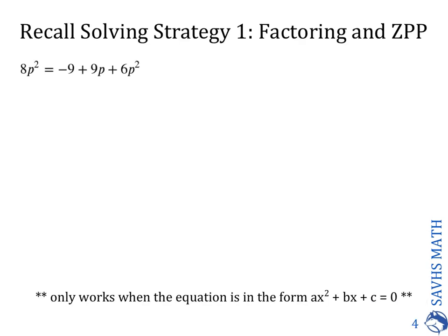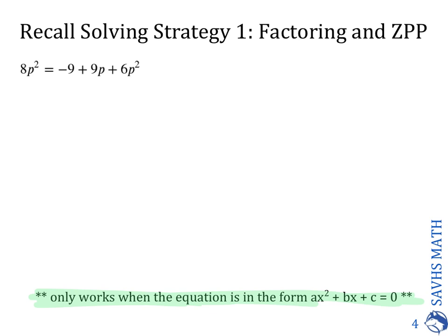I just wanted to quickly remind you about the first solving strategy that we've done so far this unit, and the first solving strategy was factoring and the zero product property. It's really critical, and you have to know this, that you can only use this strategy when the equation looks like ax squared plus bx plus c equals 0.